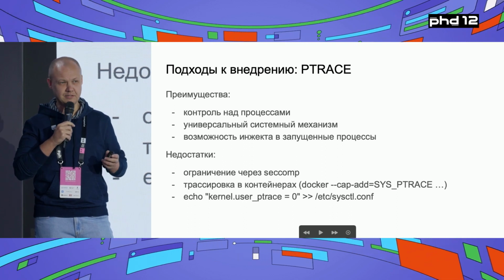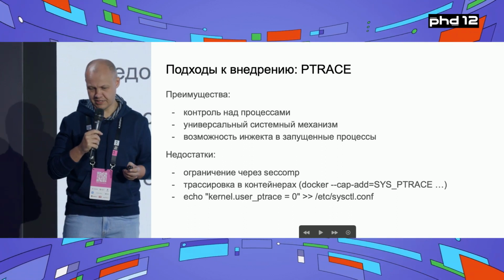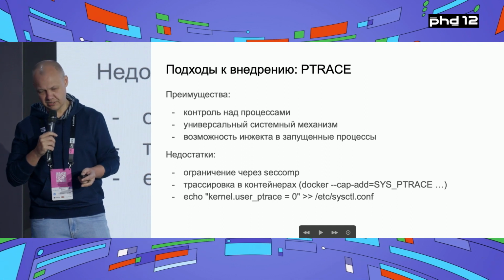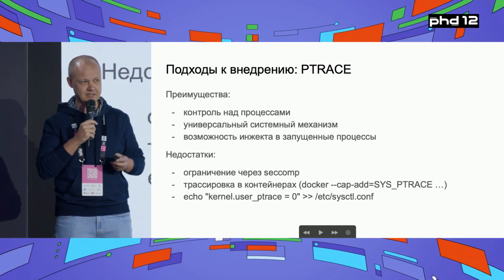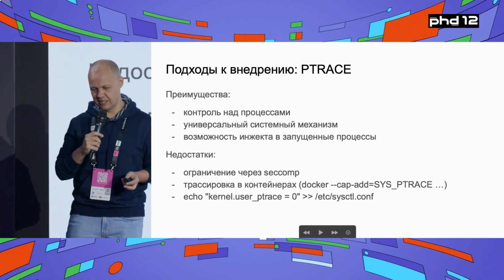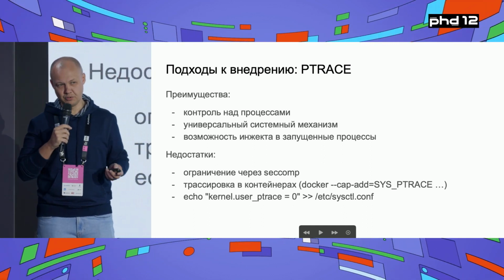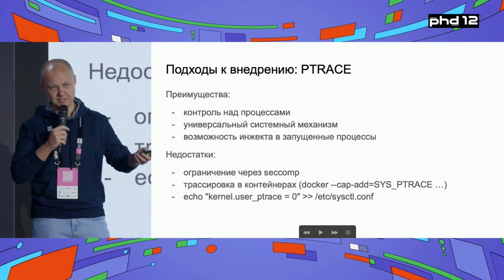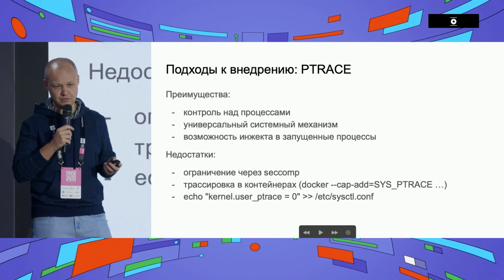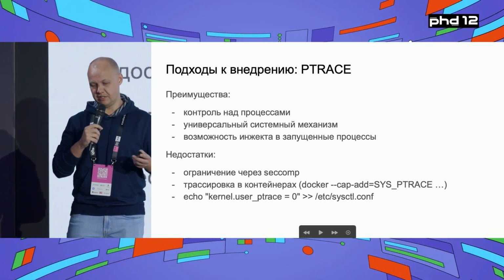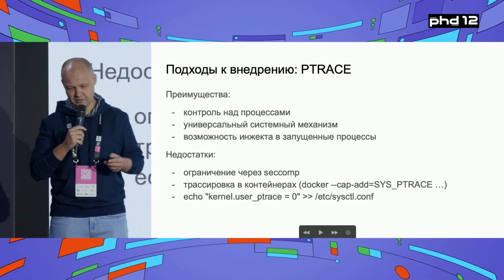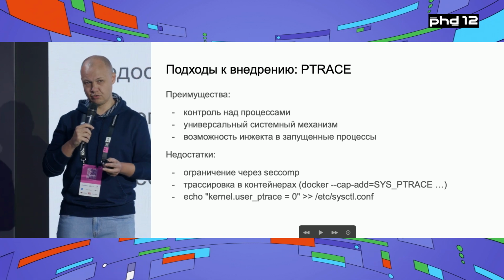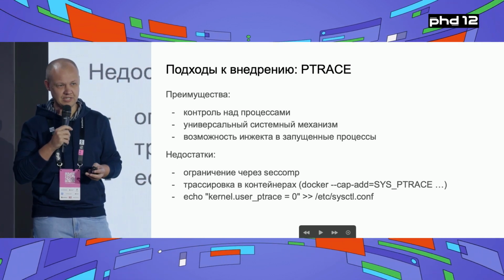The advantage is that you can control lots of processes, maybe all processes if you get the right privileges. I've mentioned already, it's very versatile. It's a versatile system mechanism. It doesn't depend on many environmental factors. In fact, you can connect to processes, you can disconnect from processes, you can inject code in processes that are already running. However, as a syscall, it can be limited.